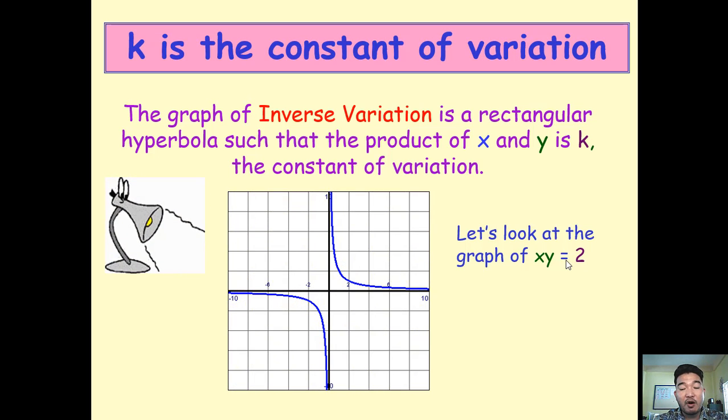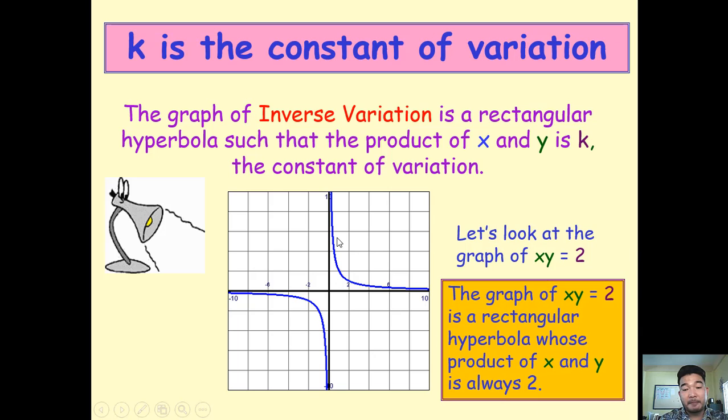This is the graph of xy equals 2. As you can see, meron tayong nabuo na rectangular hyperbola. So this is an example of the graph ng isang inverse variation. The graph of xy equals 2 is a rectangular hyperbola whose product of x and y is always equal to 2.